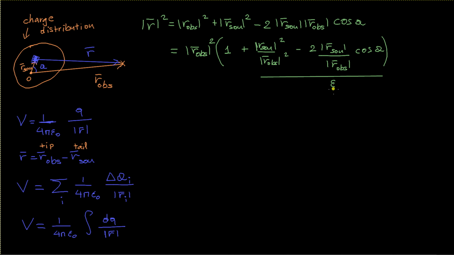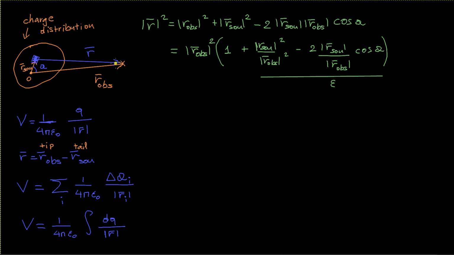Now let's take a look. I said that epsilon needs to be small compared to 1. In the numerator of the definition of epsilon, I have r source, which is this vector over here. In the denominator, I have the magnitude of the observation position, which goes from here to here.